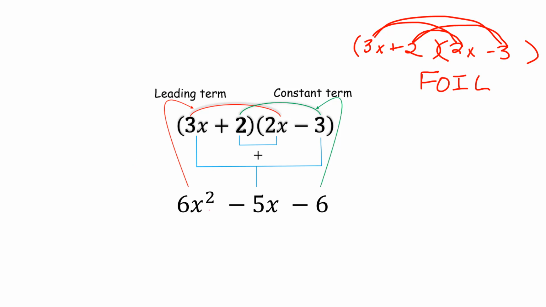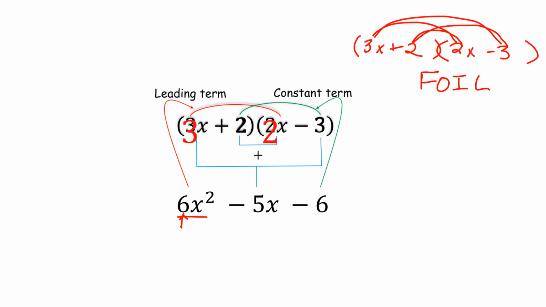All right, so we're talking about the trinomial now, 6x squared minus 5x minus 6. This first term is called the leading term, and its coefficient is 6 here. Where does that 6 come from? Well, it comes when you are FOILing and you multiply the first two numbers. That's where that 6 comes from. So the first two numbers in the parentheses, that's where the leading term coefficient comes from.